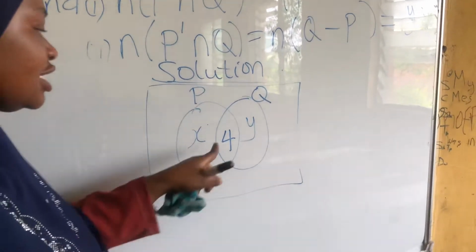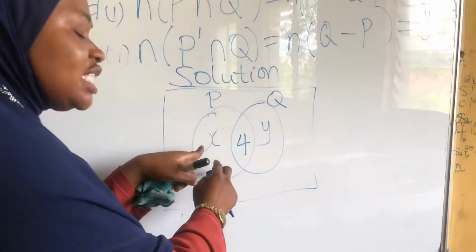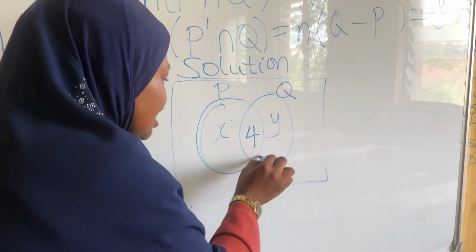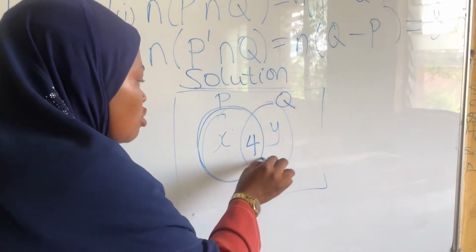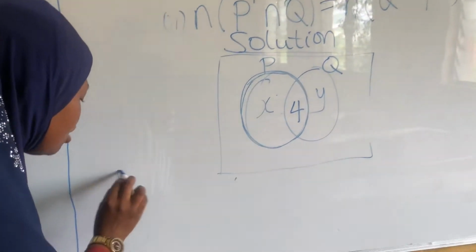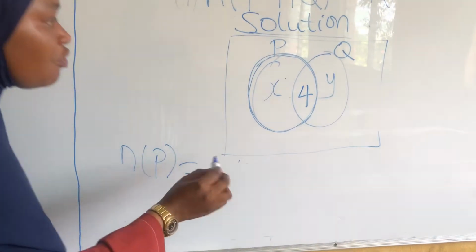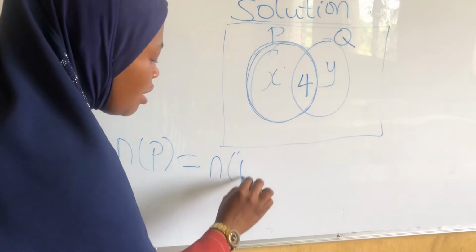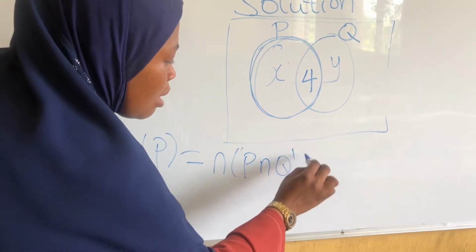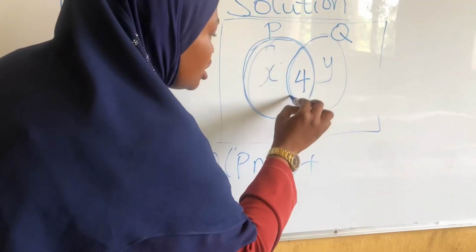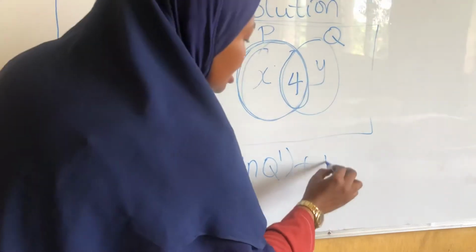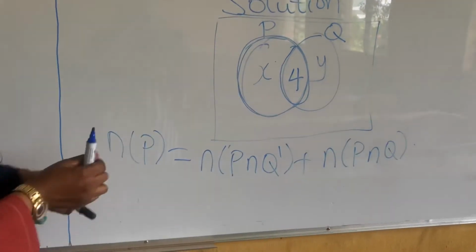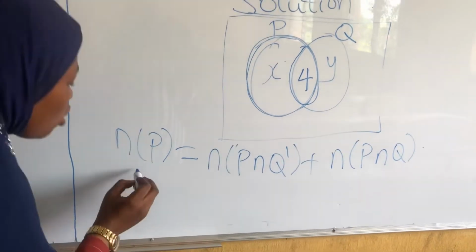So for us to find those elements that do not have anything to do with Q, everything here will be the cardinality of P. So the cardinality of P consists of those elements that do not have anything to do with Q, that is the cardinality of P intersects Q prime, plus their intersection, which is the cardinality of P intersects Q. Remember that the cardinality of P is equal to 10.